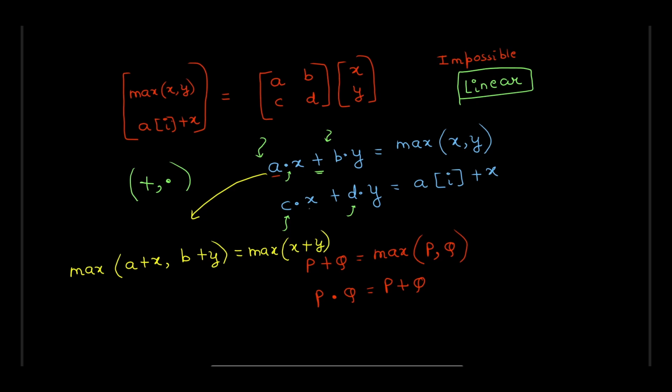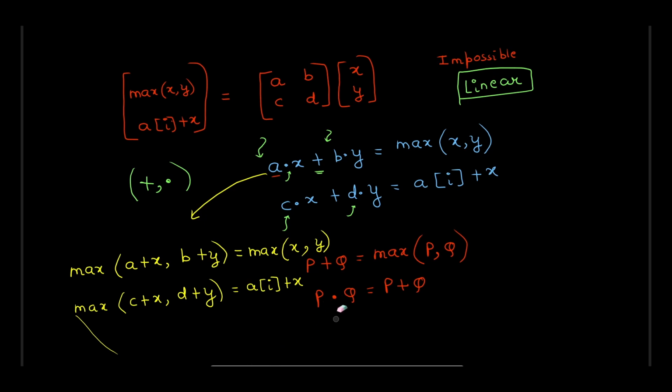And similarly c dot x, and this plus means max. So this is max of c dot x, which means c plus x in our world, comma d plus y, is equal to a of I plus x. So one correction over here, this is max of x comma y.